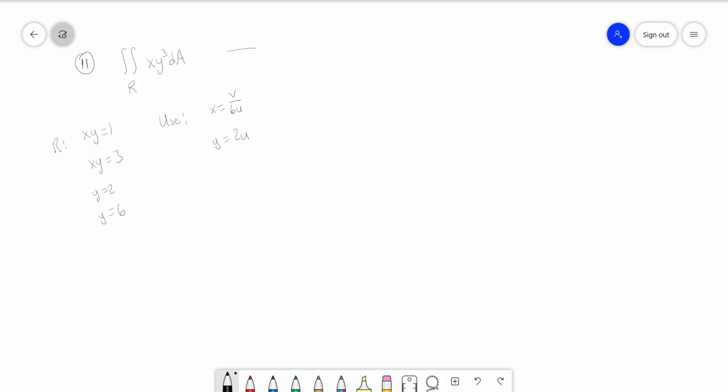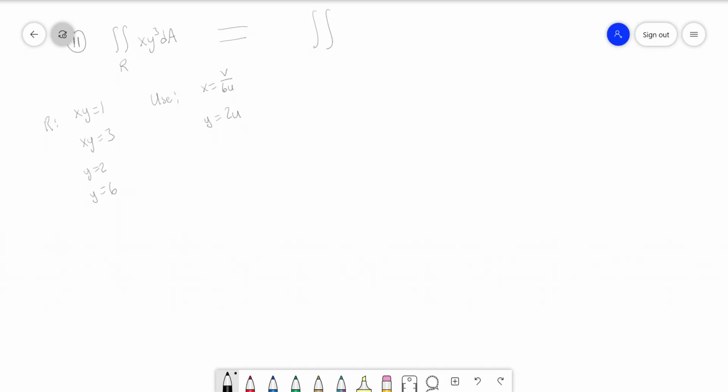It's maybe not super important, but I'll go ahead and sketch this region R first. You can sort of do the problem without the sketch though, but I'll start by labeling y as 2 and y as 6 because those are the easier ones to do. Okay. Now xy equals 1, so that's like y is 1 over x. And I know y equals 1 over x is kind of like a hyperbola, in the first quadrant, it looks something like this.